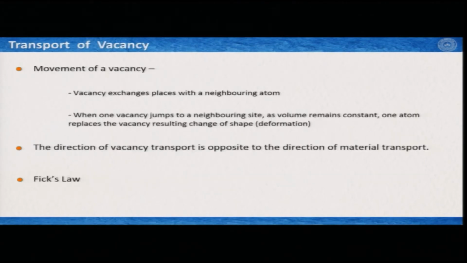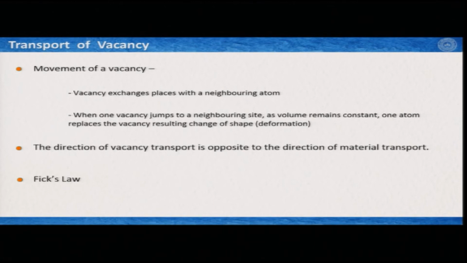Now, transport of vacancies. We know that the vacancy exchanges places with the neighboring atom, we learnt about it. When one vacancy jumps to a neighboring site, the volume does not change, the density remains constant. So, one atom replaces the vacancy, resulting in a change of shape, and therefore we achieve the deformation. We talked about it many times.